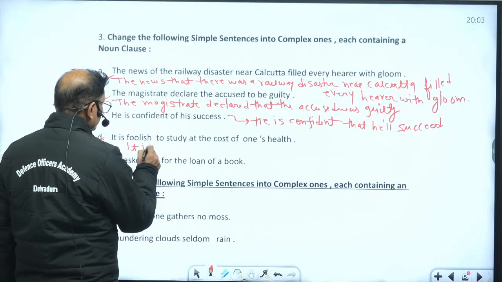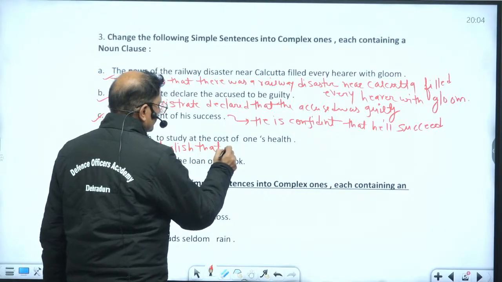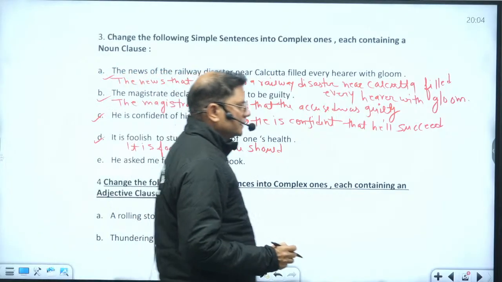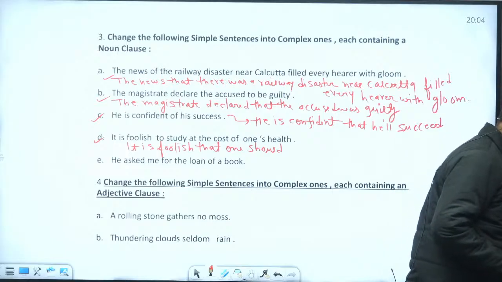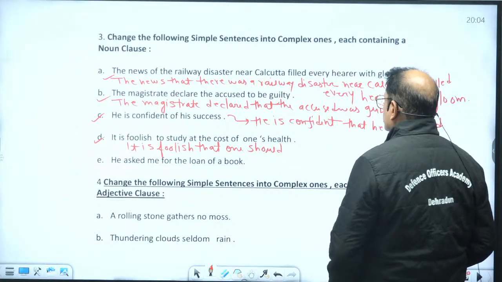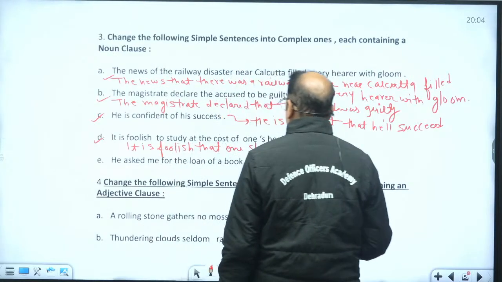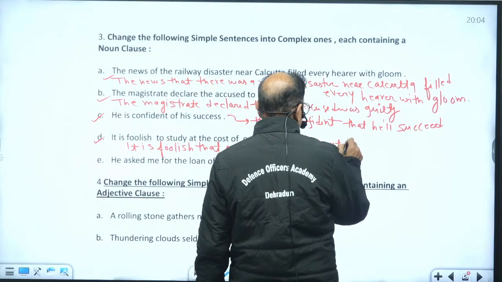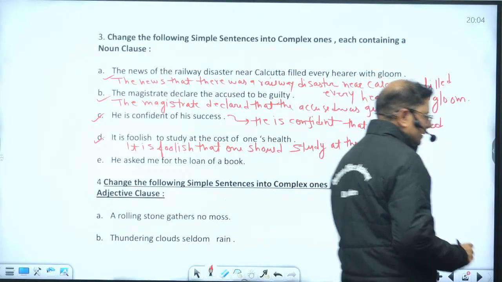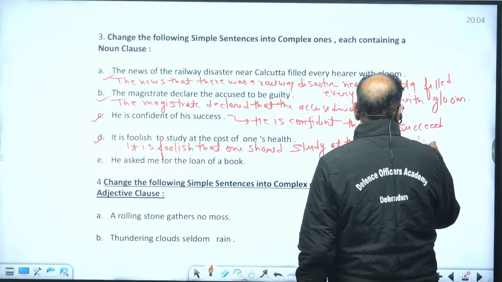It is foolish that one should study at the cost of one's health.